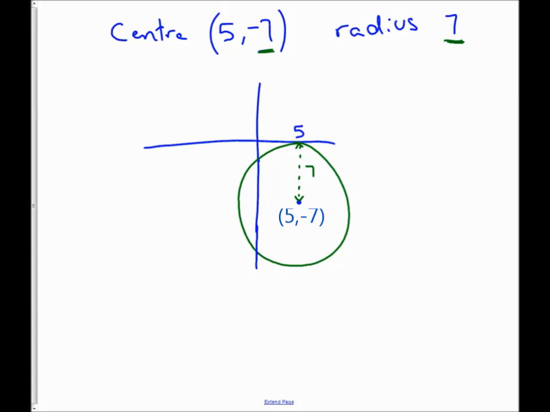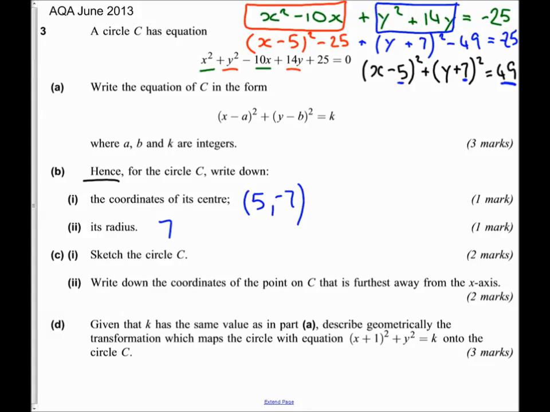So I'm going to solve my equation when x = 0 to find my y-intercepts. So when x = 0, we get y² + 14y + 25 = 0. This doesn't factorise, so I can quickly complete the square. I can say (y + 7)² − 49 + 25 = 0.